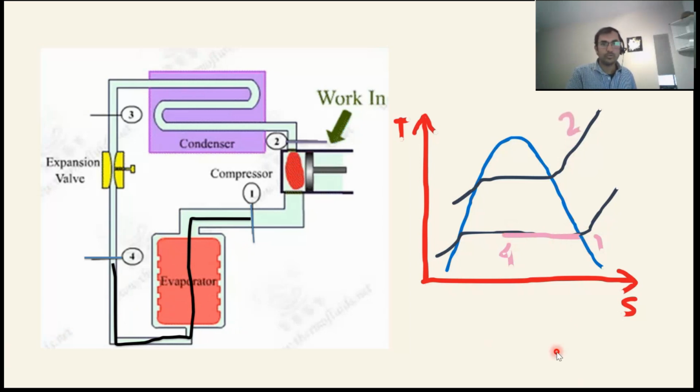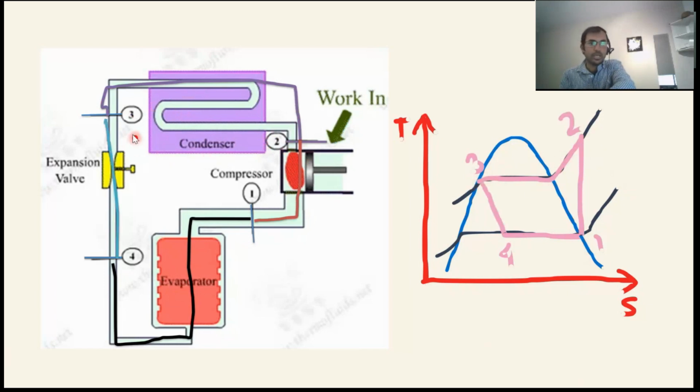Then from 1 to 2, compression happens in the compressor. From 2 to 3 is the condenser, where the condensation process happens. And 3 to 4 is the expansion valve, where the expansion happens. This is the simple TS diagram of our vapor compression refrigeration cycle.